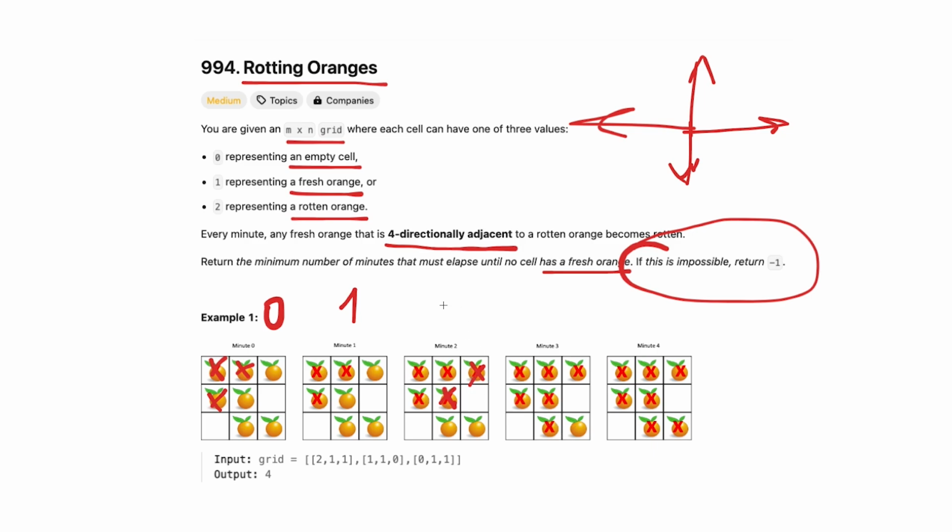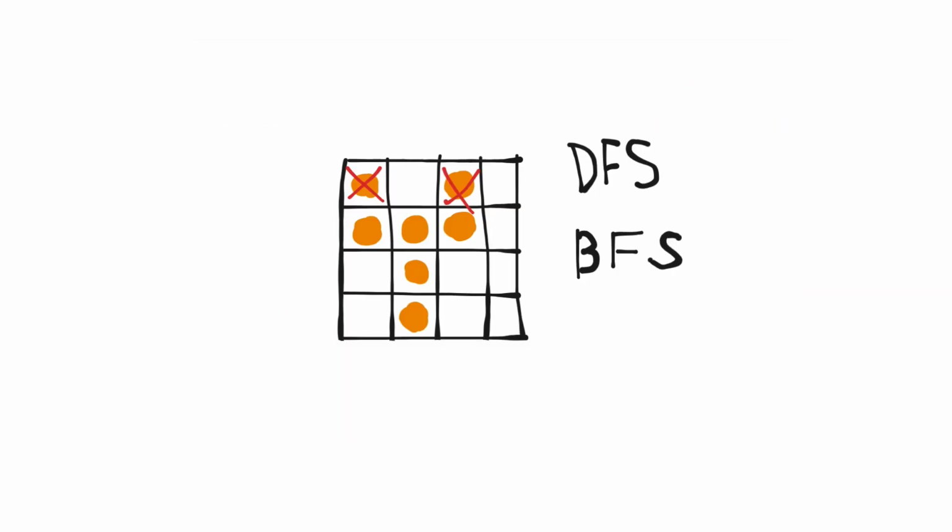And then in minute 3, another adjacent orange becomes rotten, and in minute 4, the last orange is rotten. So the output for this problem is 4, meaning we need 4 minutes for all oranges to become rotten. Alright, how to solve this problem?